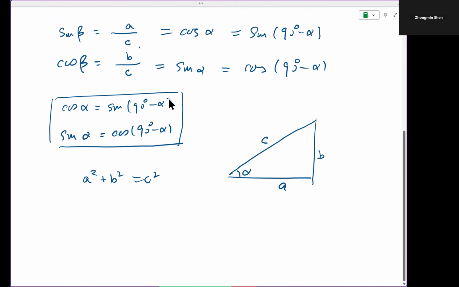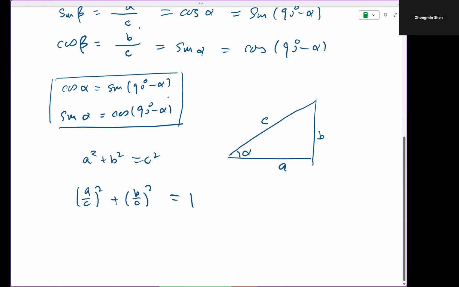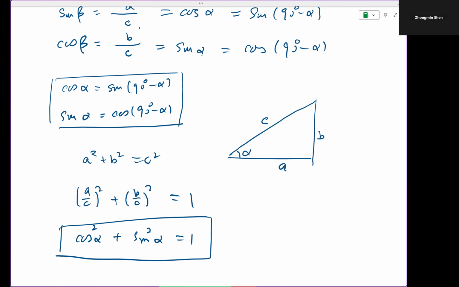What you can do is modify this Pythagorean theorem: divide both sides by C squared. What do you get? (A over C) squared plus (B over C) squared equals 1. Then, because you already defined A over C as cosine alpha and B over C as sine alpha, you get another important identity.